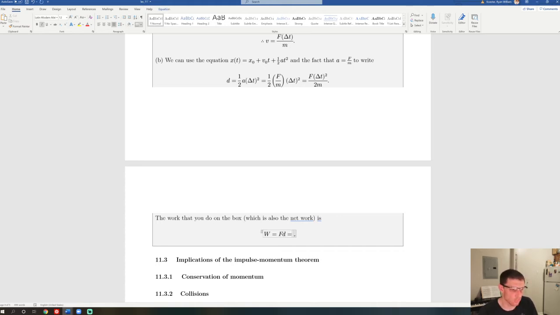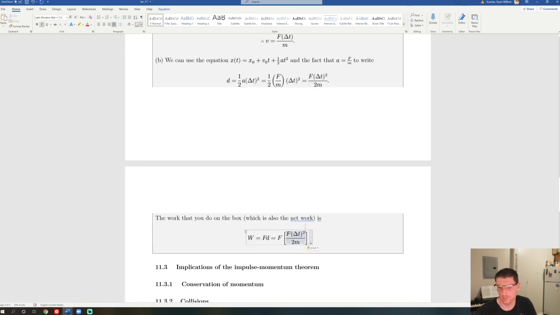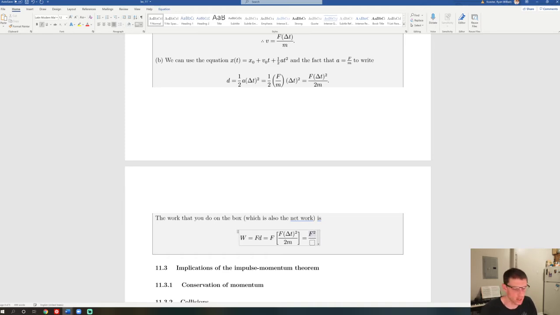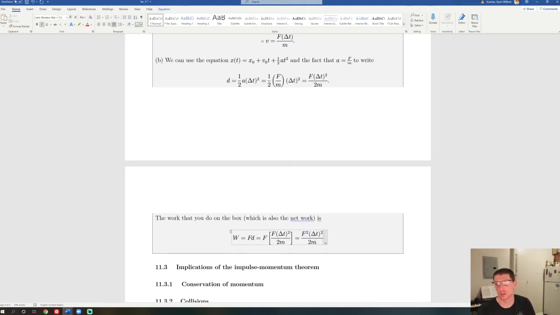So we write this out, and we have the force. We just found the distance to be this, so I'll just copy and paste this here. And this works out to be, just combining everything, F squared delta t squared over 2m.